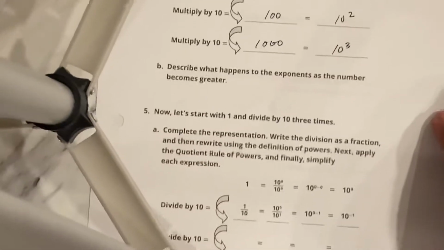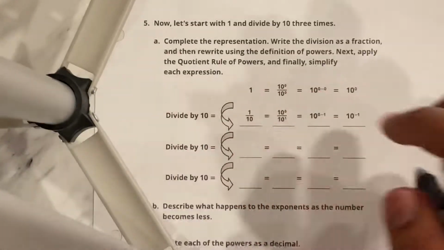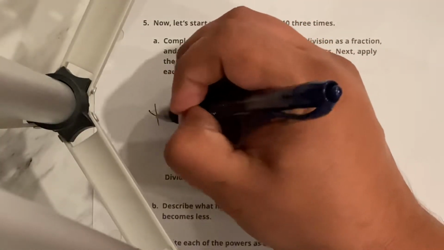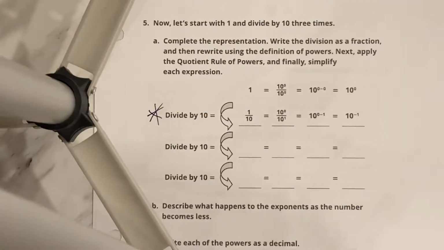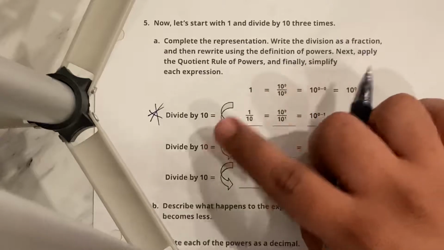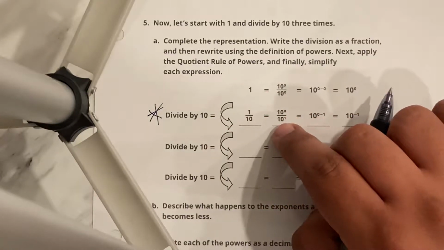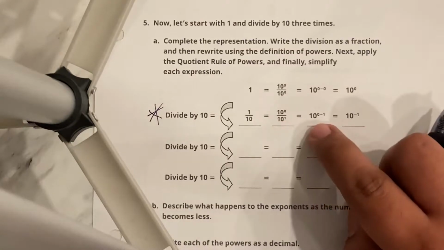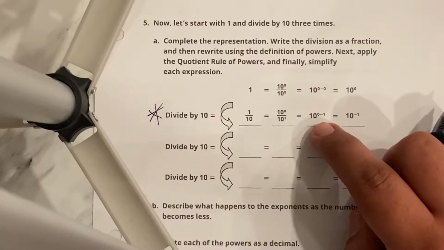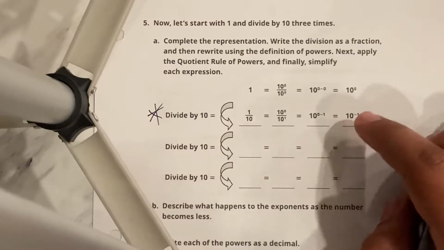But what happens when we start dividing? Very, very interesting. So, this is what we're going to do. If I divide by 10, that gives me 1 over 10, which represents 10 to the 0 over 10 to the 1, which gives me 10 to the 0 minus 1, which is 10 to the power of negative 1.